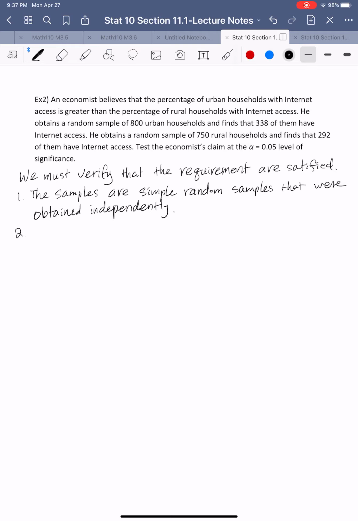And number 2, x sub 1 is 338 when n sub 1 is 800 for the urban households, and also x sub 2 is 292 when n sub 2 is 750.